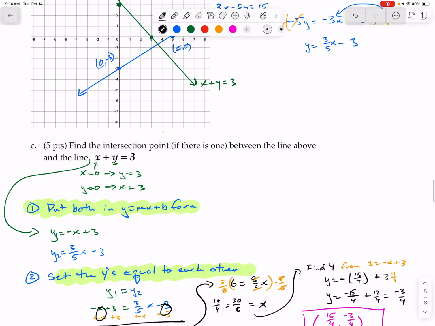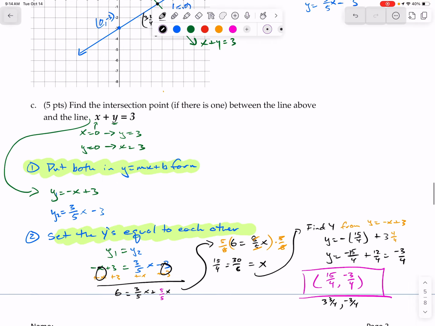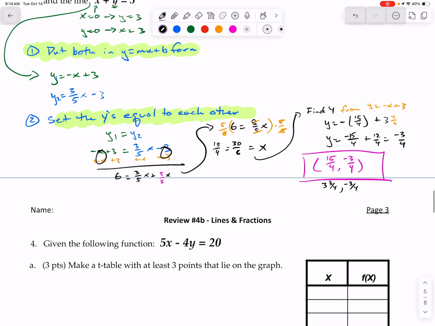And that's about what we expected here. So 3 3/4 comma negative 3/4. Check. That looks about right. Okay.